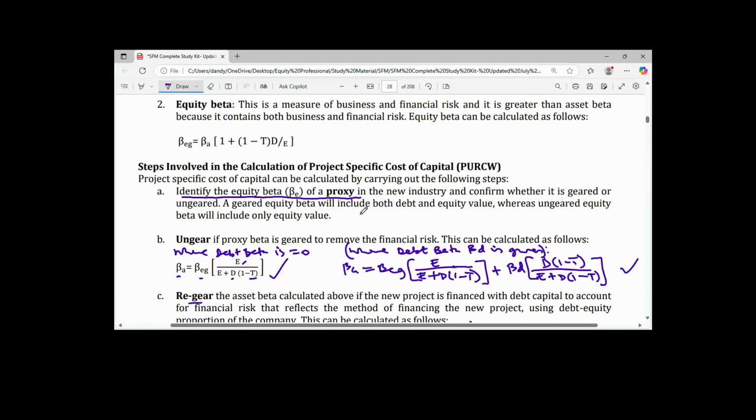I repeat, you can see the acronyms I put here. Whenever you want to calculate, the P stands for proxy beta, U stands for ungeared, R stands for regeared, C stands for CAPM, then W stands for WACC. Okay, so that's it. That's the formula.